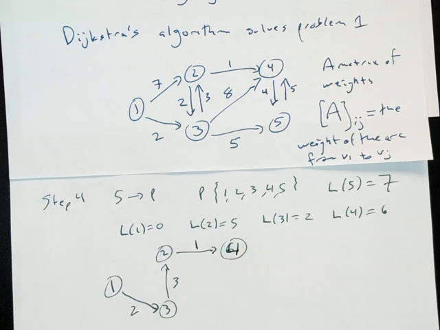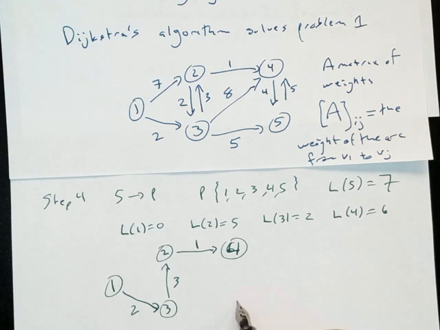Wasn't that an edge of weight 1? There's the shortest path from 1 to 6. I found it. Not only did I find it, I found the shortest distance, and I was able to find the shortest path. Then we created 5, right? And the shortest weight here is 7.